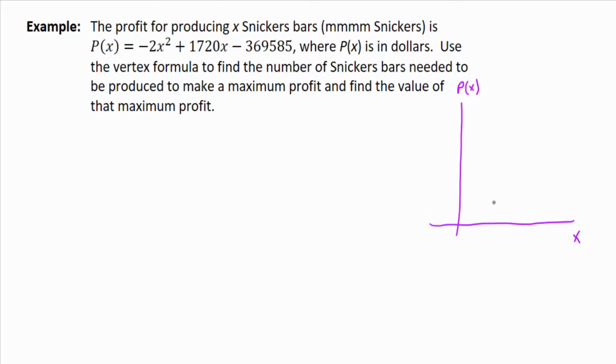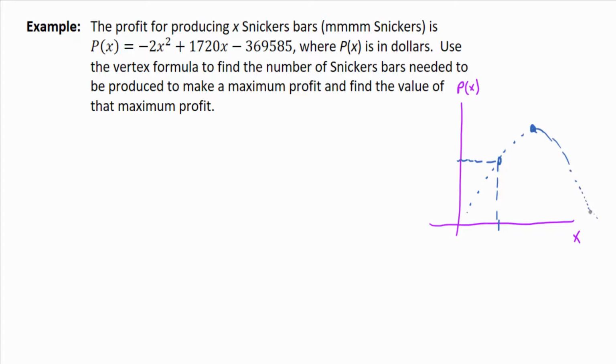Sure, at first, the more Snickers bars you make, the more money you're going to produce, right? So if you produce this many Snickers bars, you'll make this much profit, that sort of thing. But if you make too many, you might make a maximum profit, and then your profit is going to start going down, isn't it?